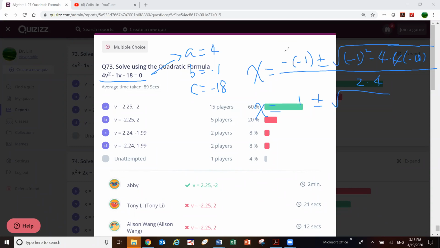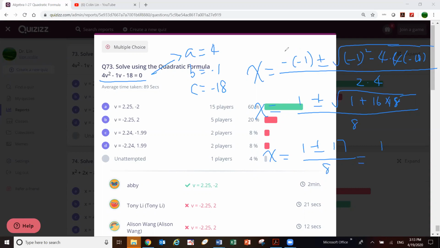Plus or minus, this is 1 plus 16 times 18, so a pretty big number. All right, this is actually equal to 329, which is actually 17. I just jump ahead here. Sometimes you may need a calculator.